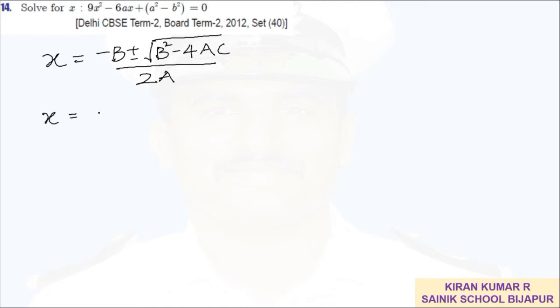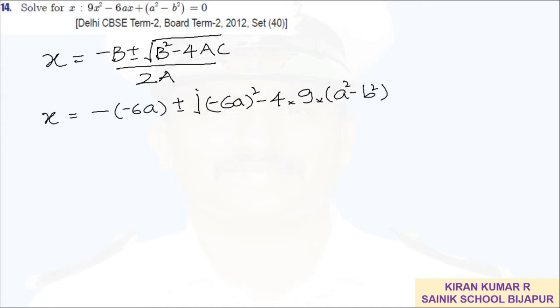We get minus of minus 6a plus or minus root of minus 6a whole square minus 4 times of AC. A is 9 and C is a square minus b square, divided by 2 times 9.